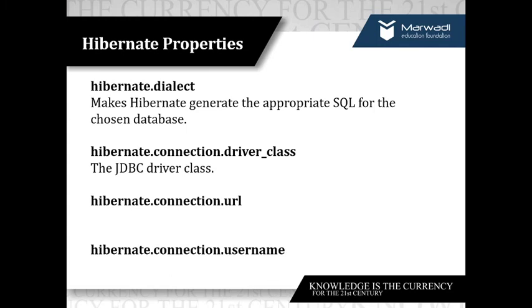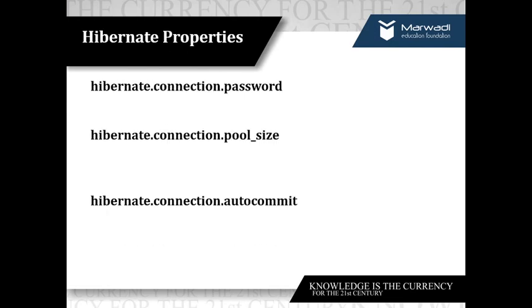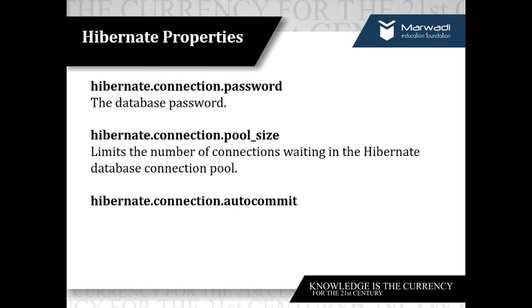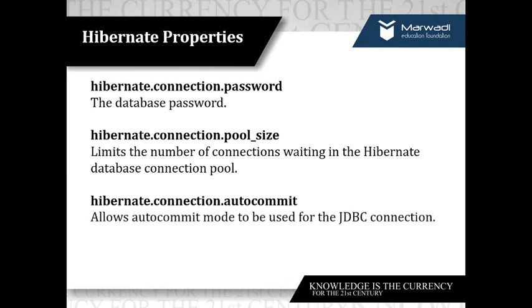Then comes the JDBC driver class name, then the URL, then the username. Another property is the password, that is the actual database password. Then the pool size, the connection pool size, which limits the number of connections that can be used in the Hibernate database connection pool. And in the end comes the auto commit mode, which allows auto commit mode to be used for a particular connection with this property.